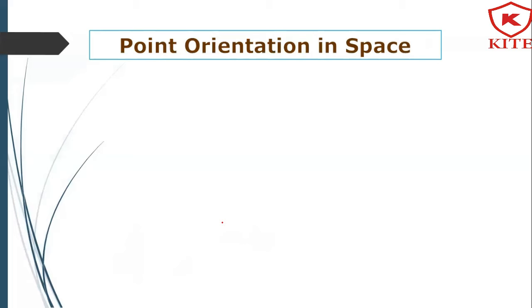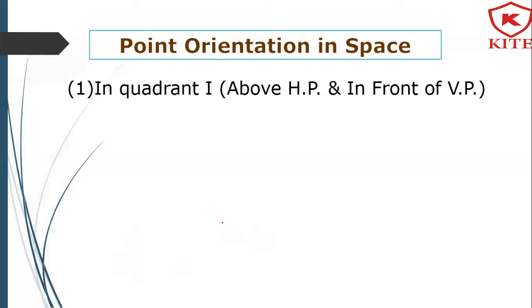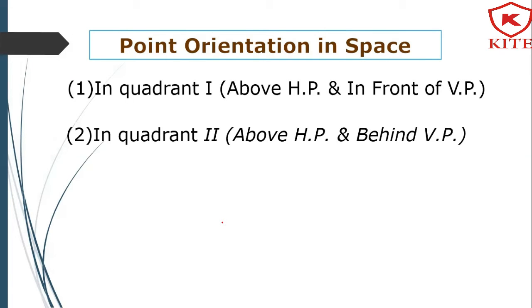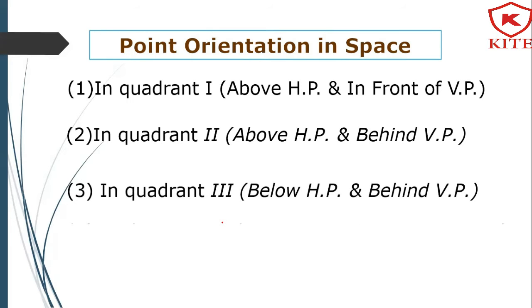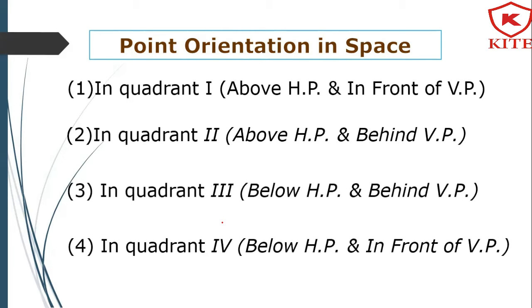There are nine different point orientations in space, based on its situation. First is quadrant 1: the point lies above HP and in front of VP. Quadrant 2: above HP, behind VP. Quadrant 3: below HP and behind VP. Quadrant 4: below HP and in front of VP.